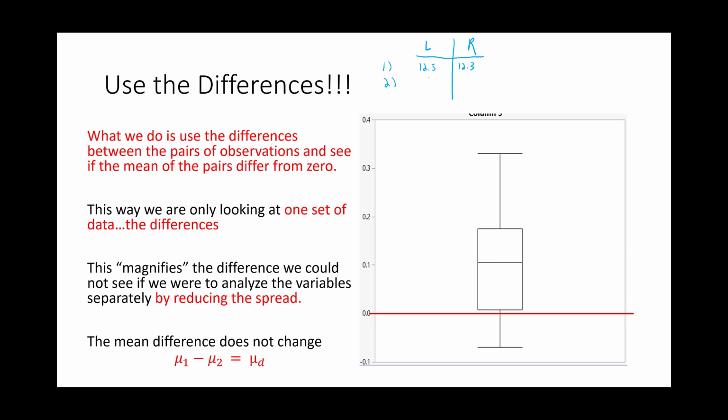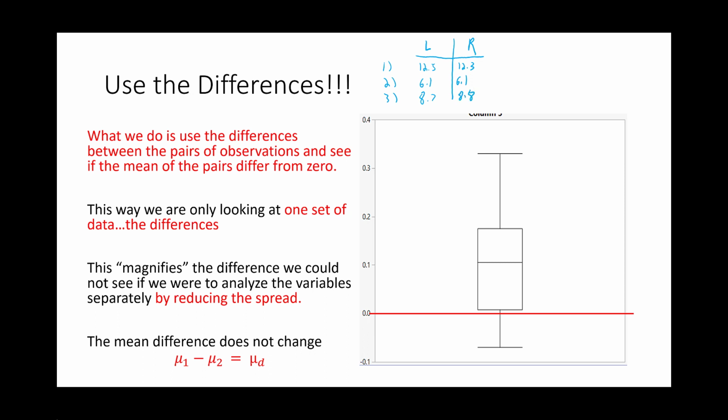Person 2 had a left foot of size 6.1 and a right foot of size 6.1. Person 3 had a left foot of size 8.7 and a right foot of size 8.8.